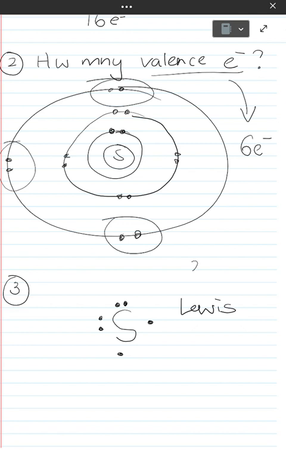But we know that shell number 3 can actually take a maximum of 8 electrons. So there's still space for 2 more electrons here. This means that the outermost shell is not completely full, and because it's not completely full, it is unstable. And we know that any element does not want to be unstable. Everything wants to reach a level of stability.